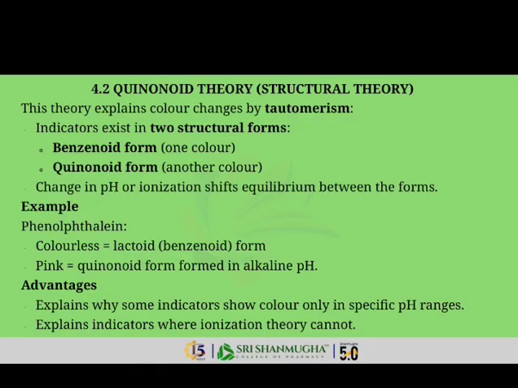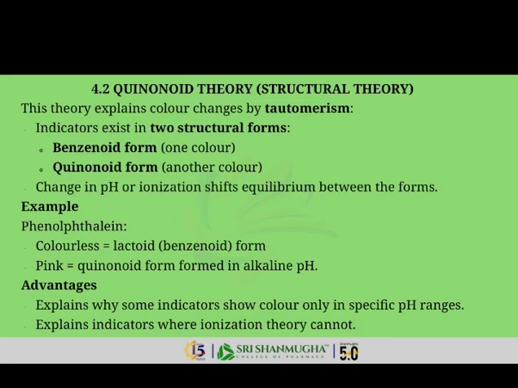Next theory, quinonoid theory, the other name being structural theory. This theory explains color changes by tautomerism. The indicators exist in two structural forms: benzenoid form with one color, quinonoid form with another color. A change in pH or ionization shifts the equilibrium between the forms.